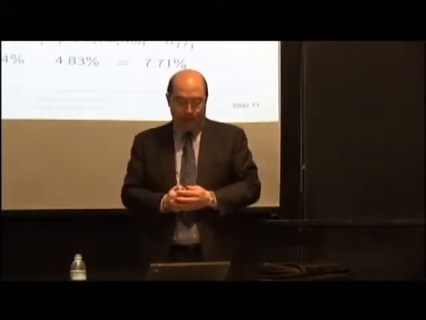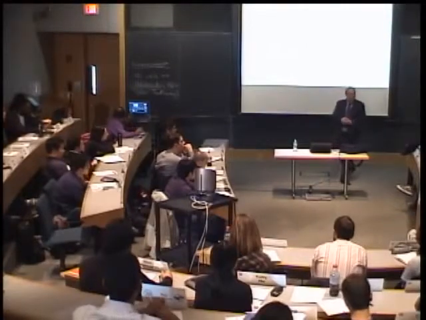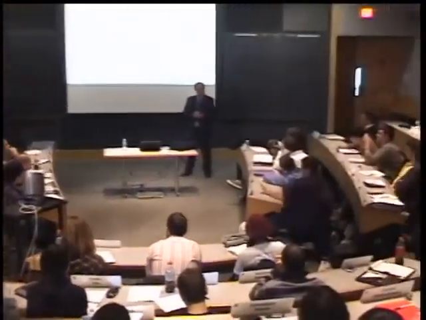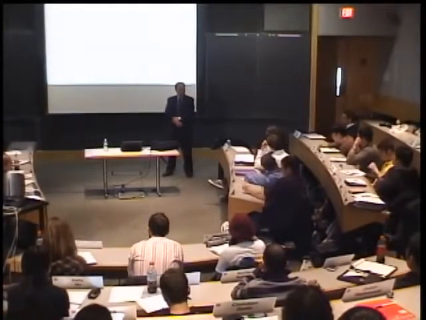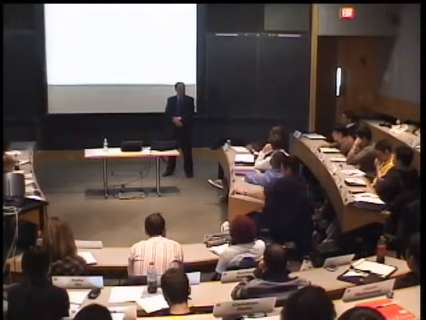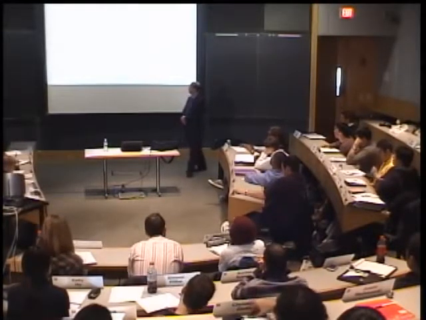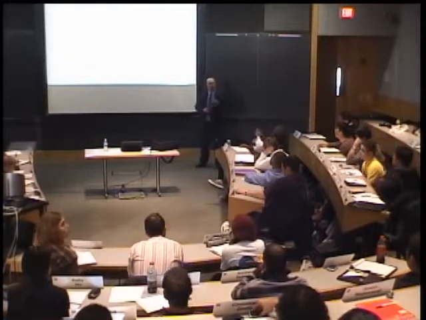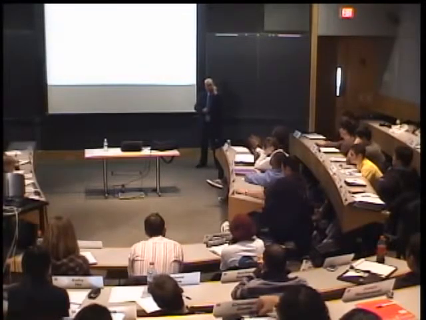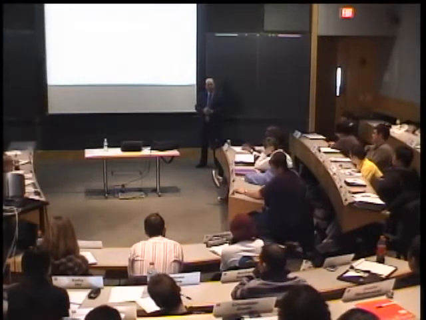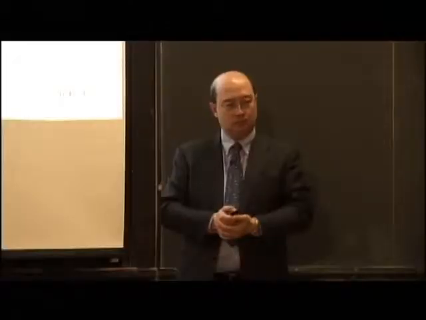Okay. Yes. Last time when you were describing the tangency line, you mentioned that for more risk, people will expect more return, but not necessarily proportional, right? So you end up having a line that just goes up exponentially, right?